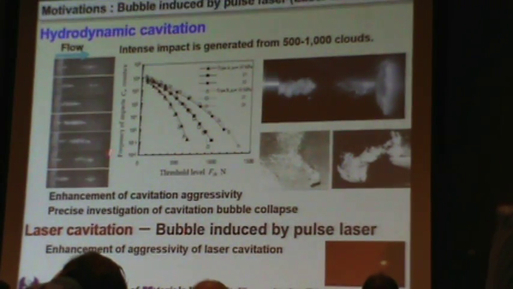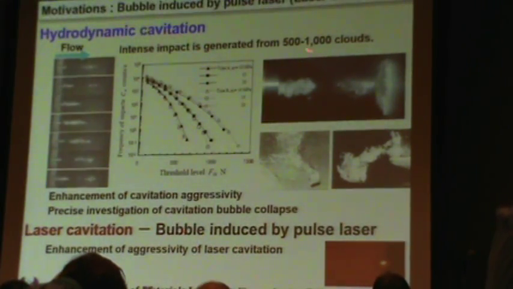The cloud shedding is about several hertz or several kilohertz. However, more aggressive cavitation occurs only about once per second. It's very few, and I don't know why. So I'd like to make a more precise cavitation observation. This is why I'm going to do a single bubble.